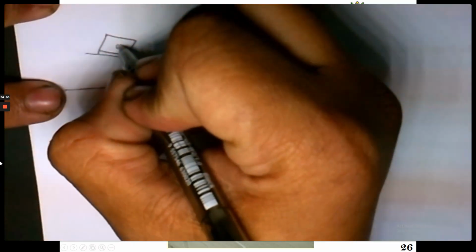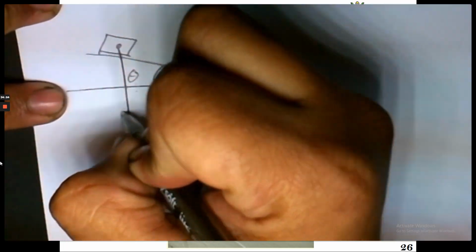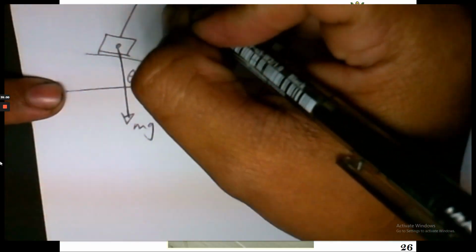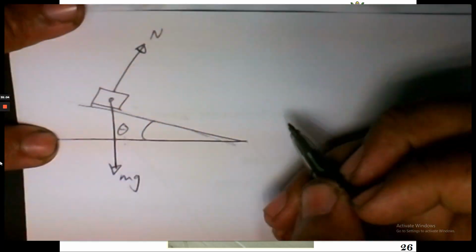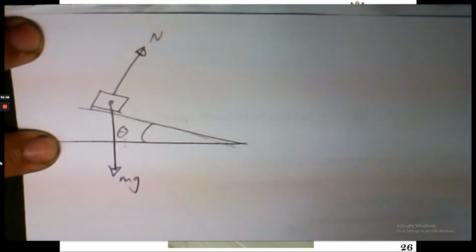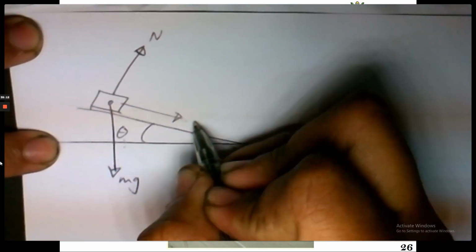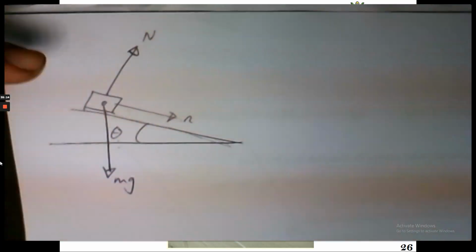Alright, so let's go ahead and write the free body diagram. Pointing down is mg, pointing perpendicular to the ramp is the normal force.